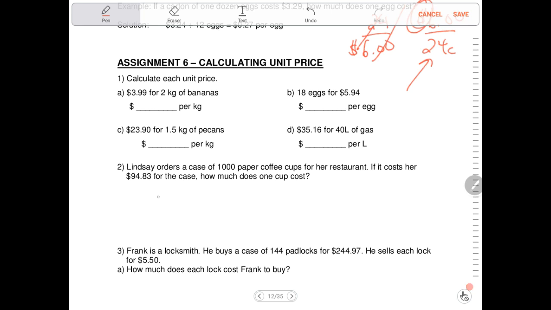Remember, what we know and what we want. We know, with price on top, it is $94.83 for 1,000 cups. We want to know how much 1 cup costs, the unit price. So that's 1 cup. I'll let you finish it from there. Once you have it set up, you are good to go. Please ensure that you know how to work on unit price, and I'll let you move on from there. Have some practice.